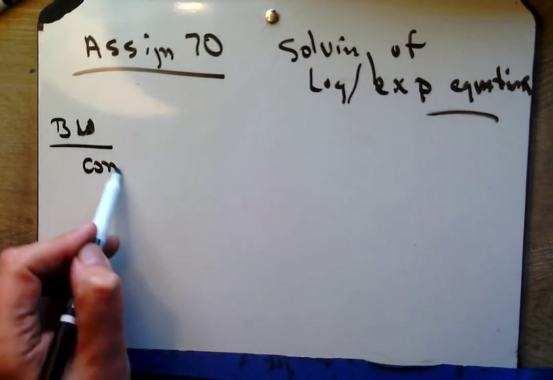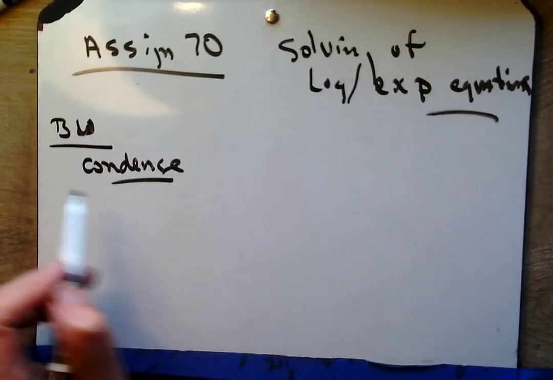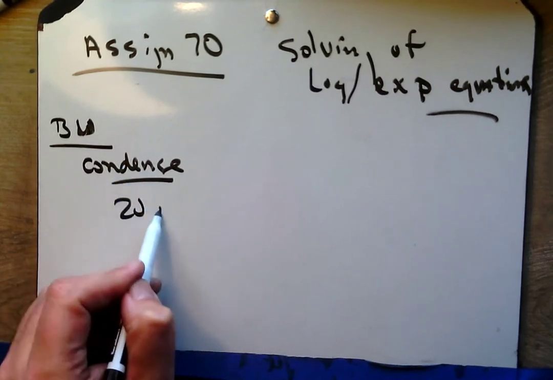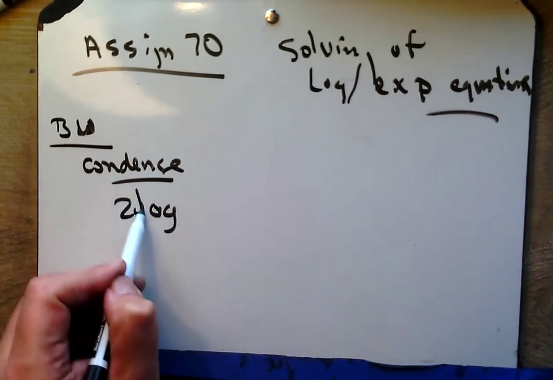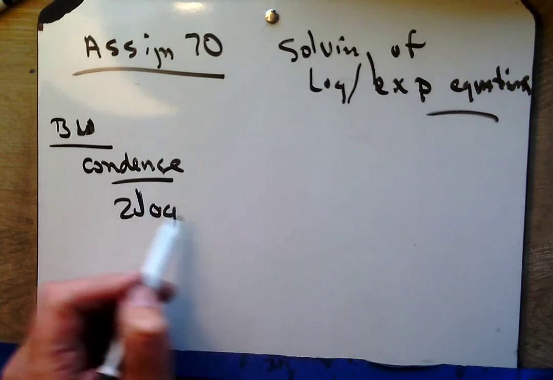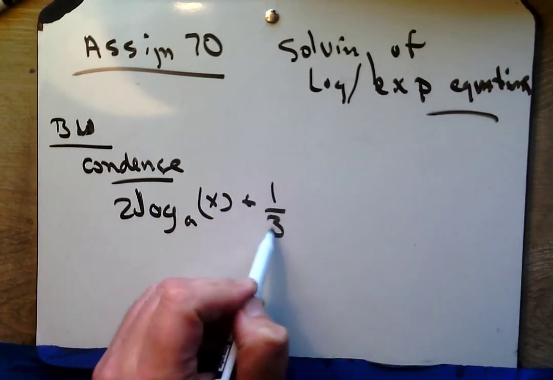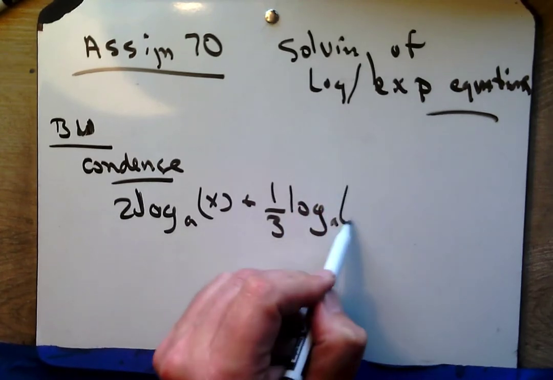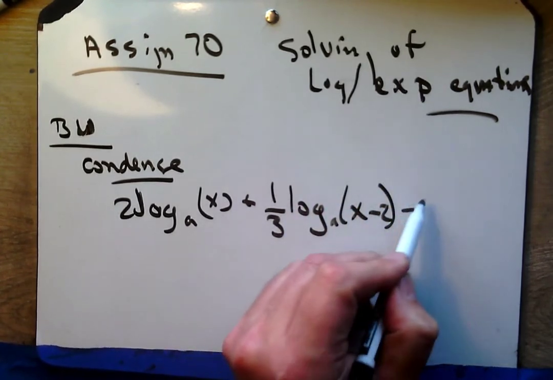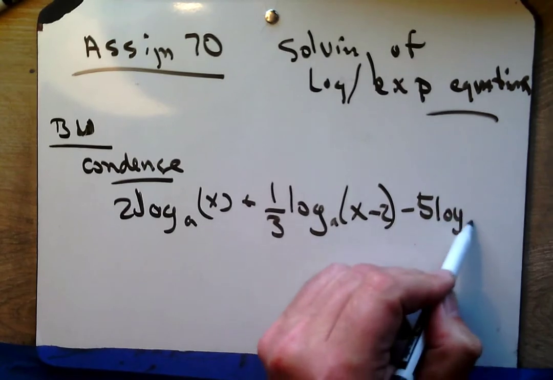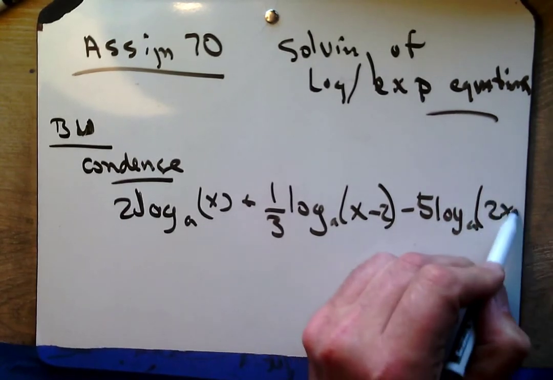Will you please condense the following expression? 2 log base A of x plus 1/3 log base A of x minus 2 minus 5 log base A of 2x plus 3.